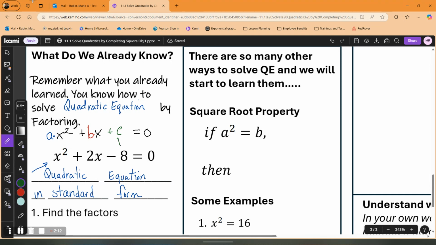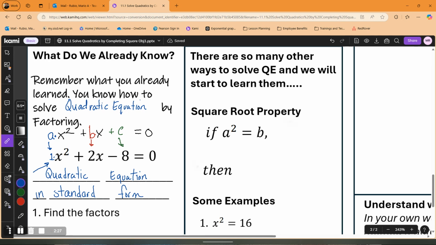In this example, c happens to be -8. Here, our b value is 2, and the a coefficient, there's no number out here, but we always can assume there's an invisible 1.